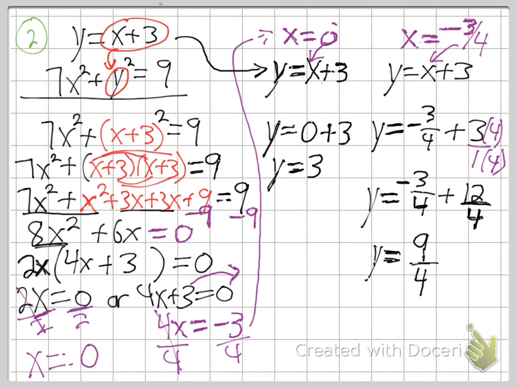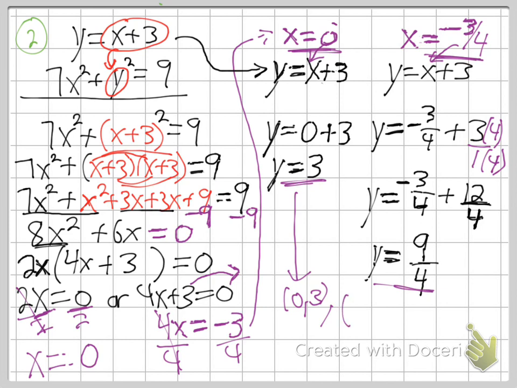All right, so there we go. We got the answers. Do you know what they are? So what are the final answers then? The x of 0 led to y of 3. So that's the answer, 0, 3, comma. And then here, x of negative 3/4 led to y of 9/4.